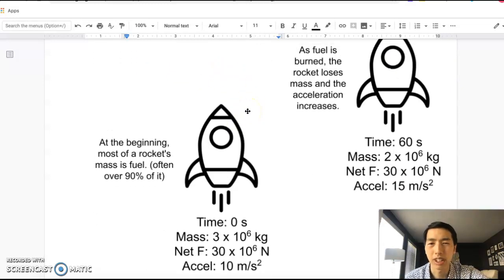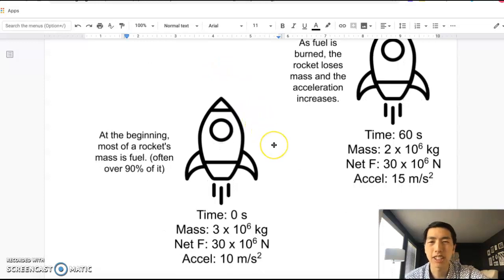I talked a bit about rockets in my last video with the Coke bottle, but what happens with the rocket is that it's got fuel in it, and as the question said, about 90% of the mass of the whole rocket at the beginning consists of fuel. When it burns the fuel, it creates hot gases and a lot of pressure, and the gases get shot out the back here.